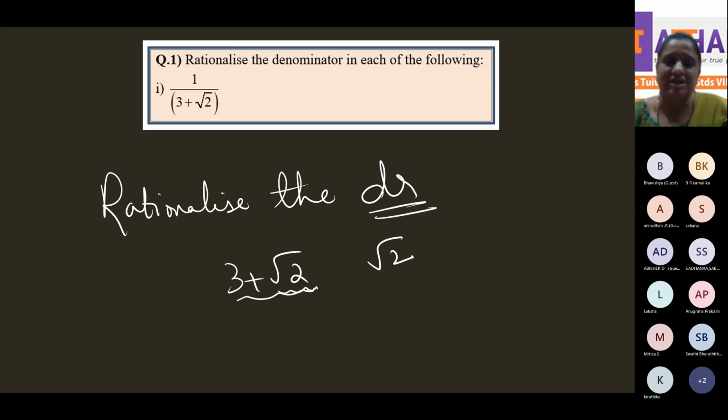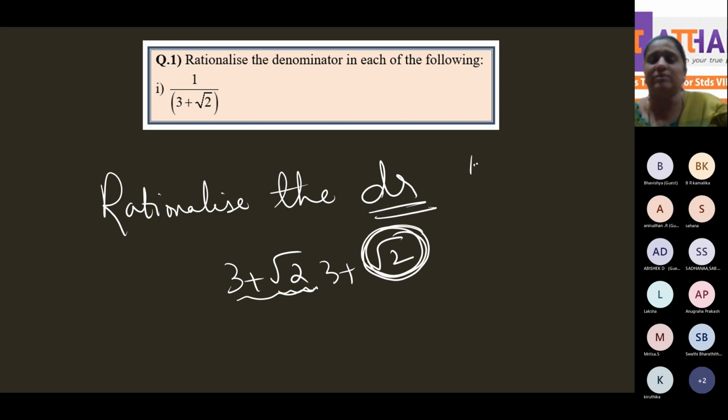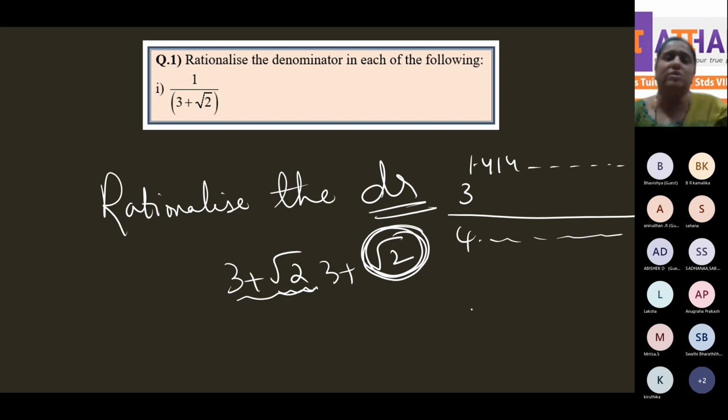Since root 2 is irrational, 3 plus root 2 also will be irrational because this is a non-terminating, non-repeating decimal. Root 2 is 1.414 something, it goes on like that. Plus 3, that will again be 4 point something, a non-terminating, non-repeating decimal.